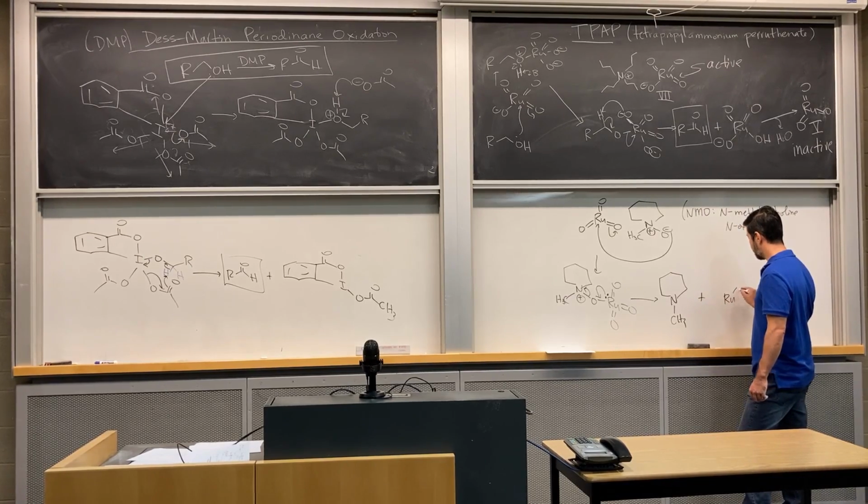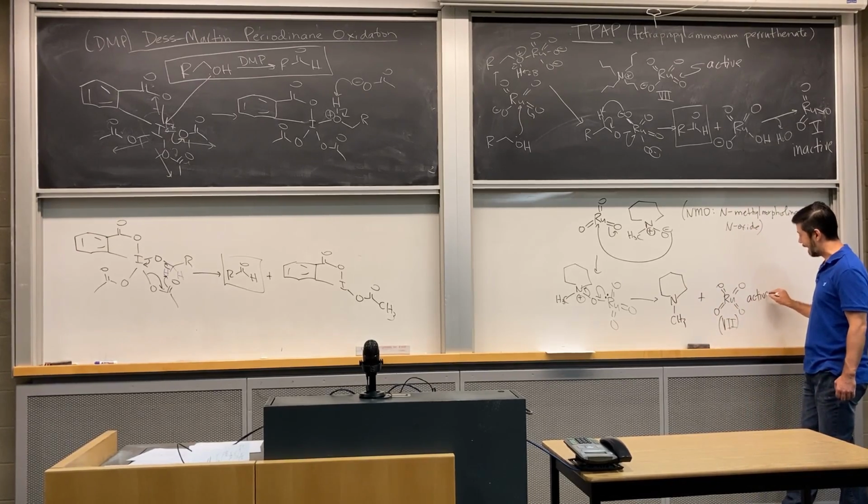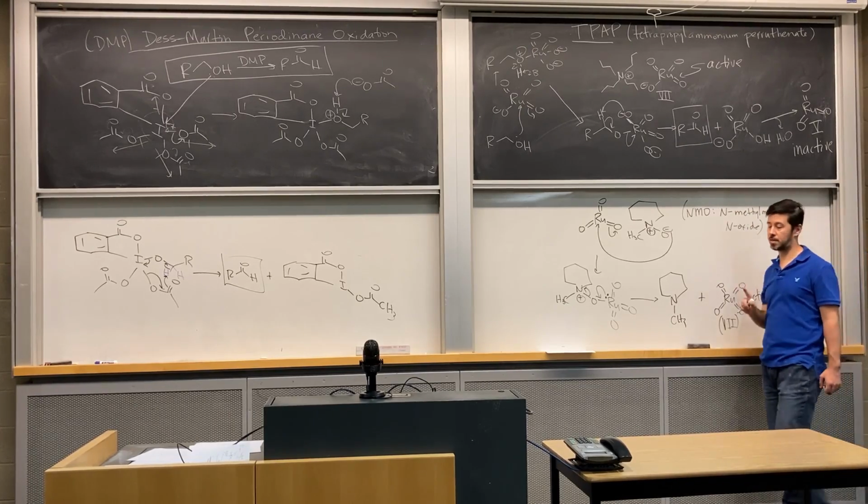But what's more important is that you regenerate this ruthenium compound in the +7 oxidation state. This is now active, and then this can go out and seek another alcohol and continue that process.